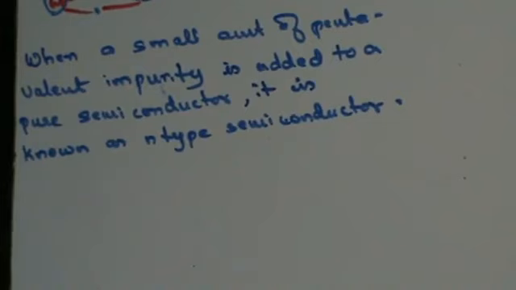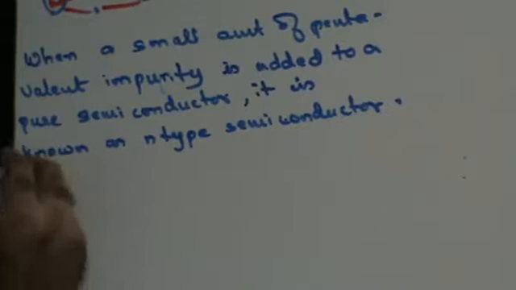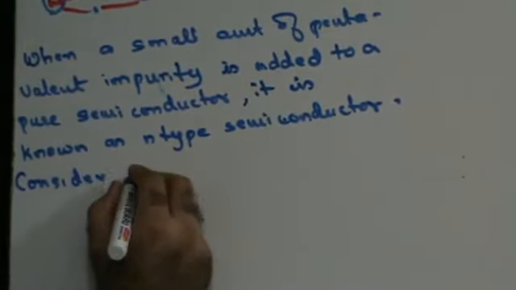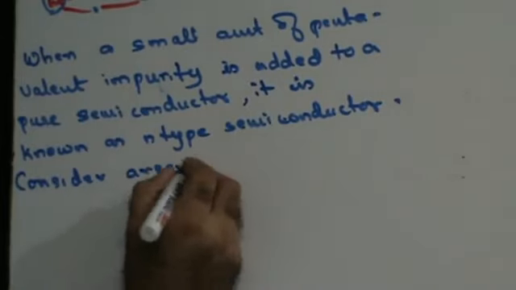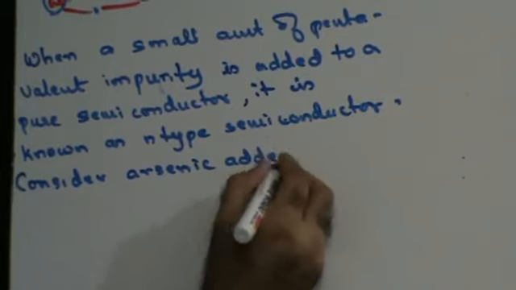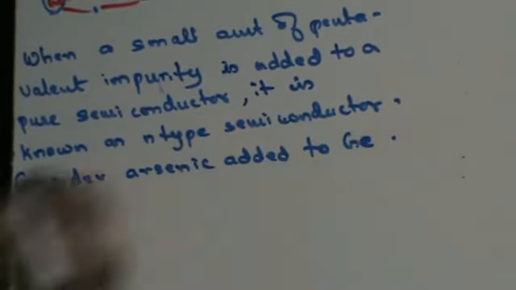Now we are taking a very typical example where I am going to add arsenic or antimony, which are group 5 elements in the periodic table. So consider arsenic added to germanium.